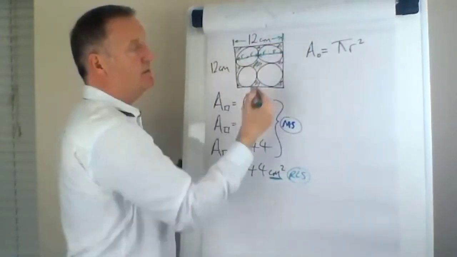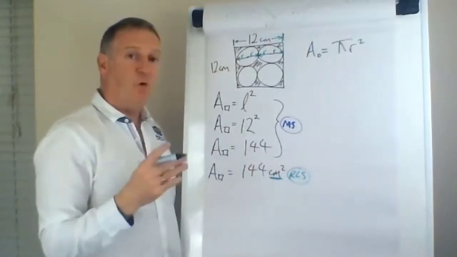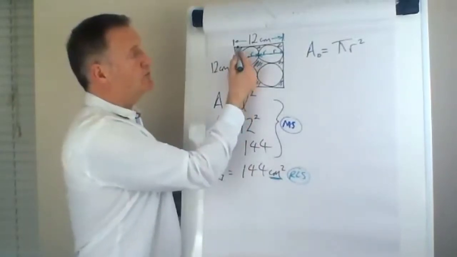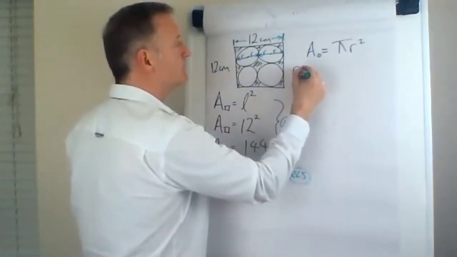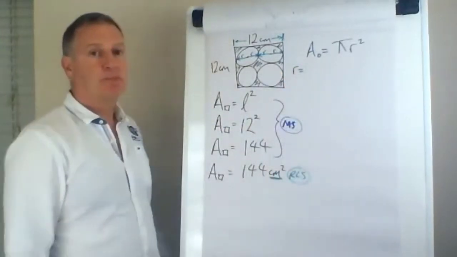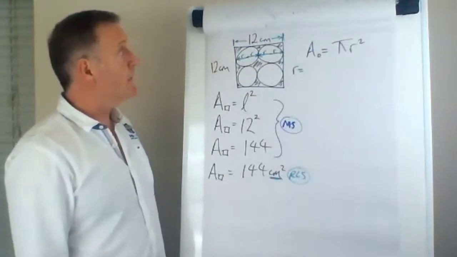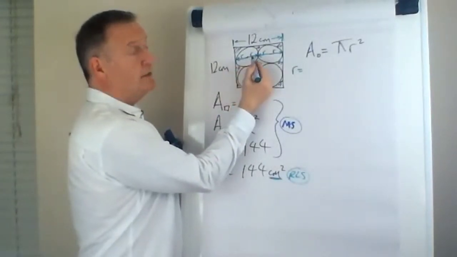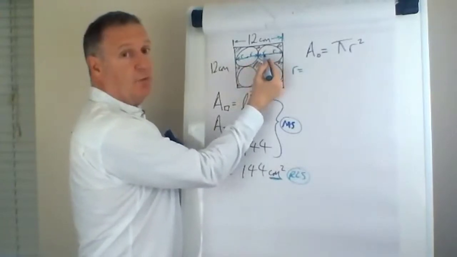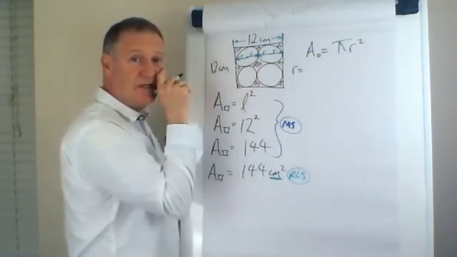In that case then, Jack, if 4 radii is worth 12 centimetres, what's 1 radius worth? 4. Not a bad idea. Let's test it. 4, add 4, add 4, add 4. That's 16, isn't it?